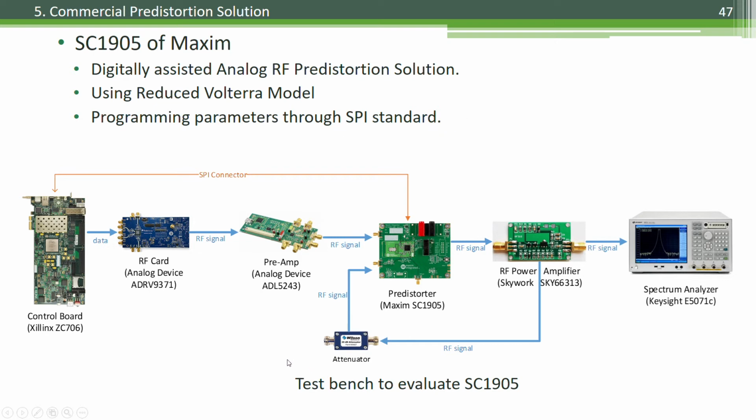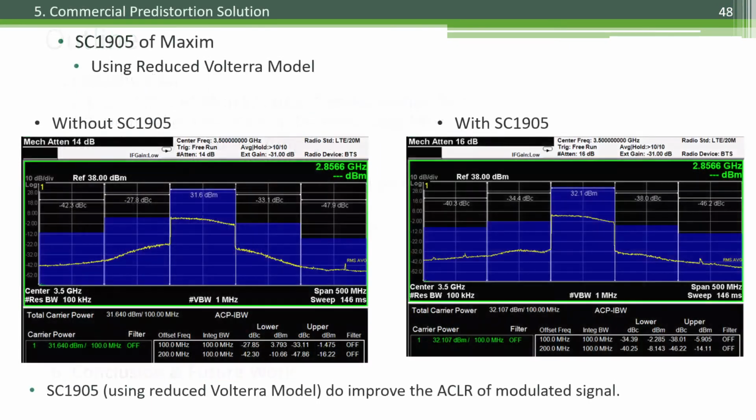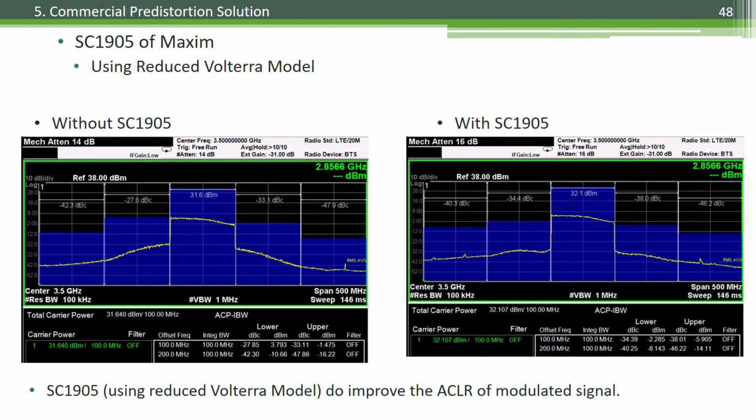And I set up here a test bench to evaluate the performance of the SC1905. And I have the result here. Without this solution, the ACLR is about 27.8 dBc, and with the SC1905 the ACLR is 34.4 dBc, and the SC1905 improved about 7 dB.